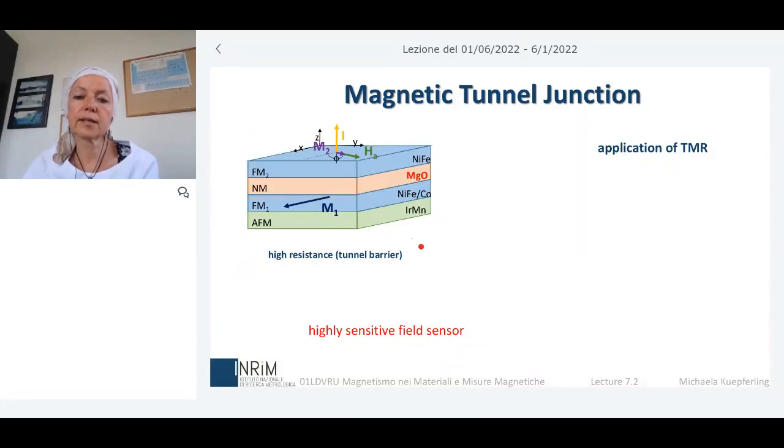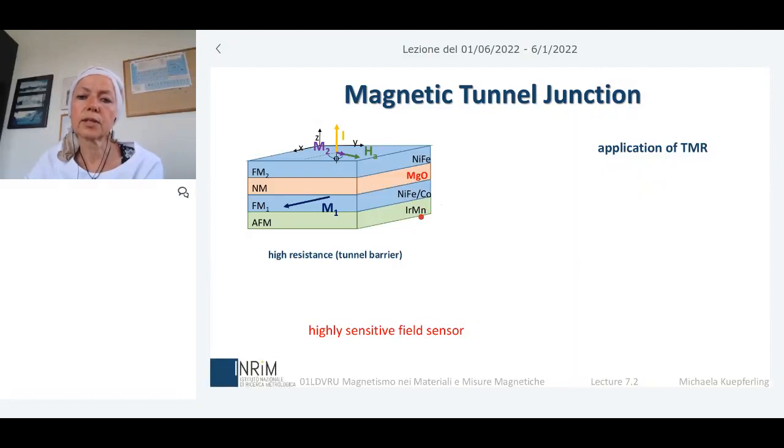Of course, in theory, electrons could not pass through an insulating layer. But since these layers are very thin, between 1 or 2 nanometers, electrons can pass through the quantum tunneling effect.